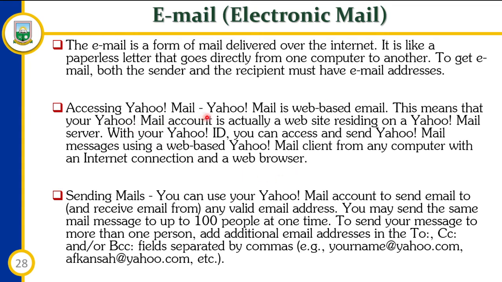Accessing yahoomail.com, Yahoo Mail, is an example. We have so many email serving companies that are giving us access to email. Gmail is a typical example. We have Yahoo, Hotmail, but there are lots of them.